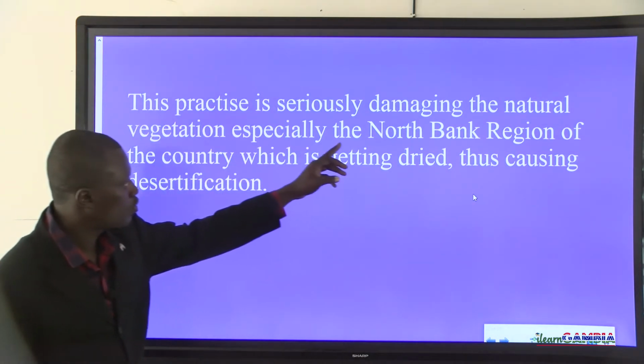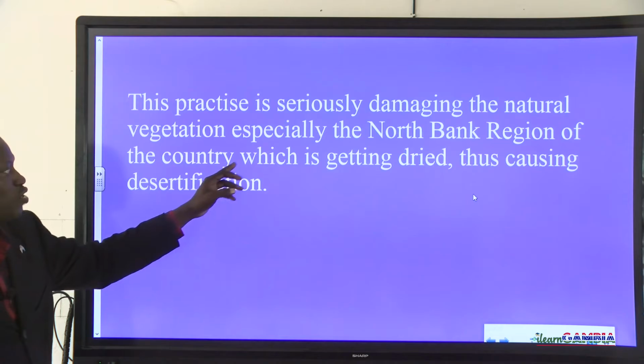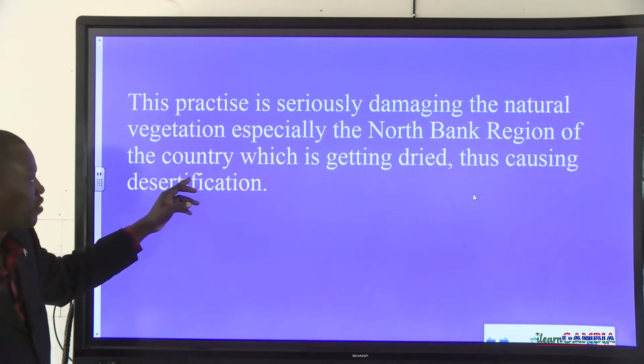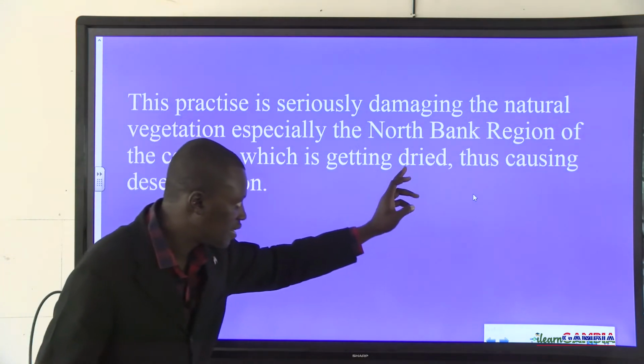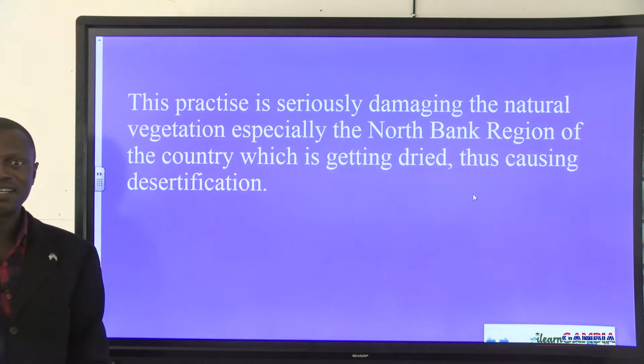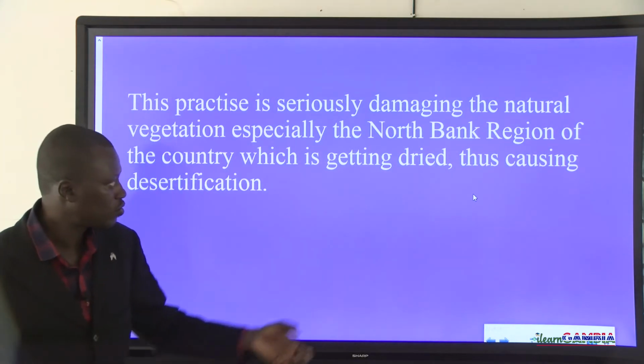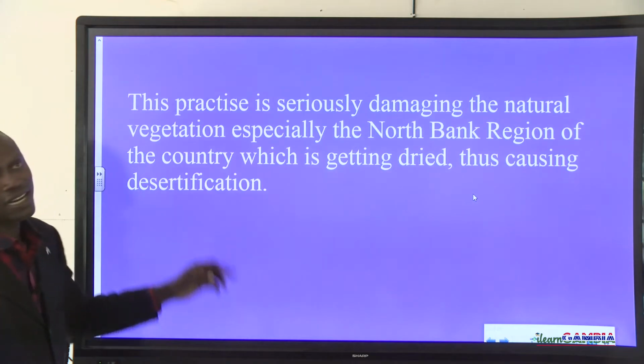This practice is seriously damaging the natural vegetation, especially the North Bank region of the country, which is getting dried. And as it is getting dried, what is the end result? Thus causing desertification.